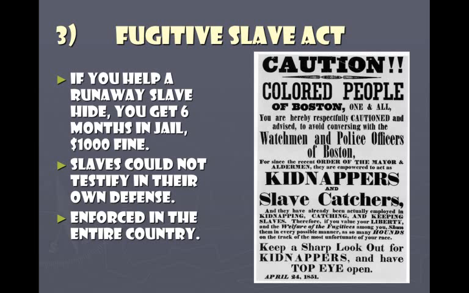If you've seen or heard about the recent movie 12 Years a Slave, that's exactly what happened in that movie, which is based on an actual case of a freed black man in the North who was forced into slavery because he was caught by a slave catcher and couldn't prove that he wasn't a runaway slave. So the Fugitive Slave Act radicalizes a lot of people in the North. It makes them hate slavery because now they're forced to be a part of it, forced to catch runaway slaves, where before they could just ignore it and pretend it didn't happen.